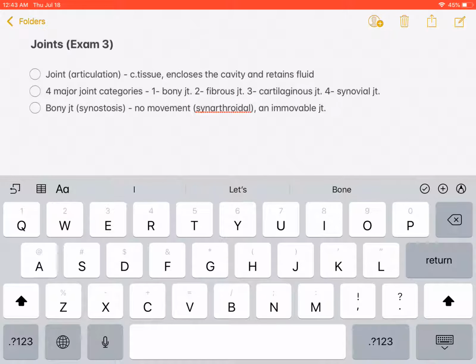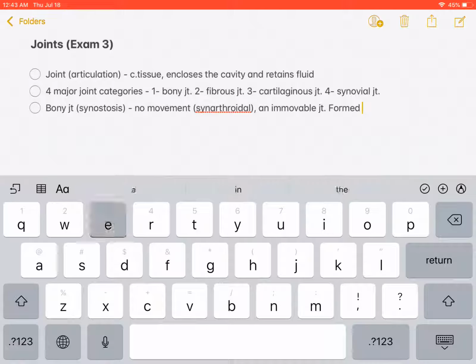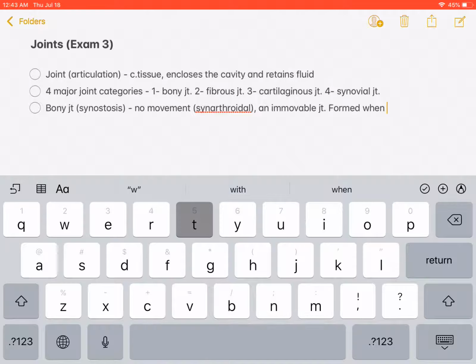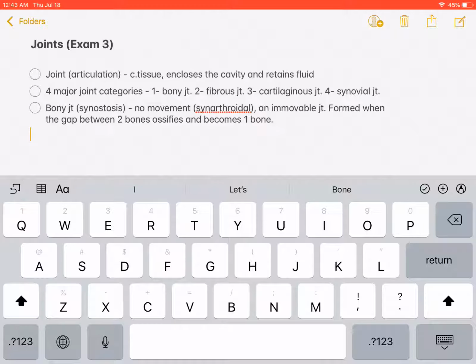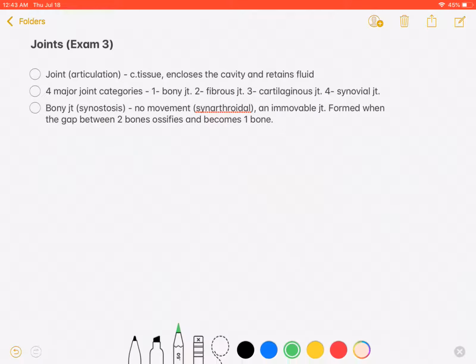So it's formed when the gap between two bones ossifies and becomes one bone. Let me see if I could do somewhat of a drawing here.